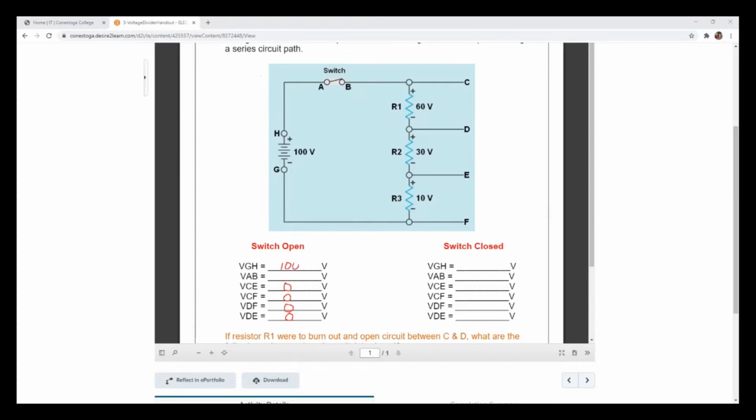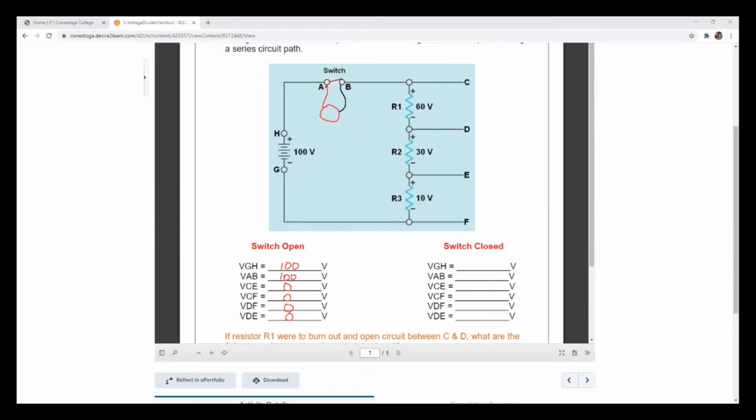So what's going to be the voltage drop if I take a meter and measure between these two points, A and B, with my voltmeter, my red and black lead? How much voltage do I have? 100 volts. Perfect.